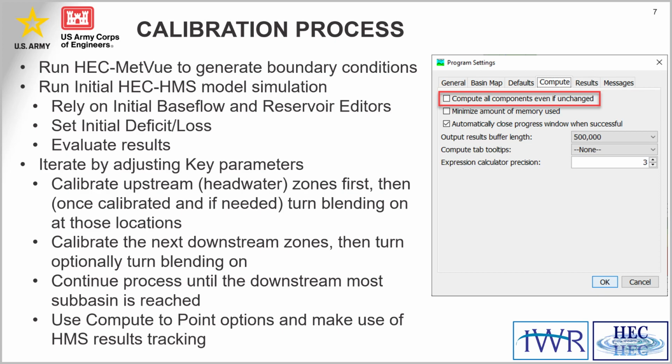And so if you don't want to have that error going downstream, you can turn on blending to overcome this. And then you can do your calibration at your next computational point. When you do this, just make sure to uncheck your blending whenever you're done with it as we go through this process.